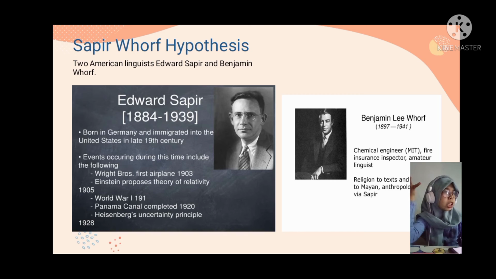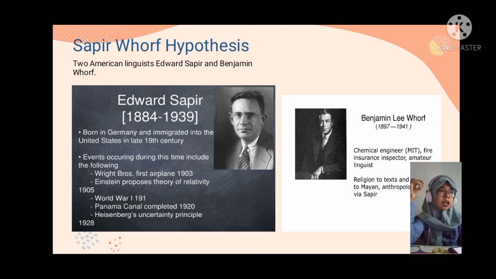And events during this time include the following: the Wright brothers' first airplane in 1903, and so on. And then the most important, Einstein proposed the theory of relativity in 1905. And what about Benjamin Lee Whorf?